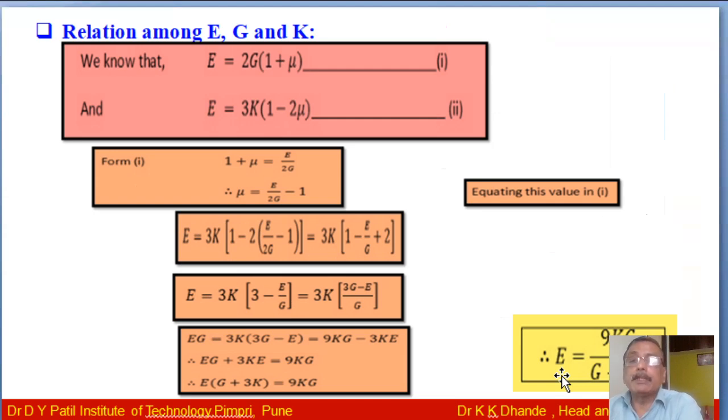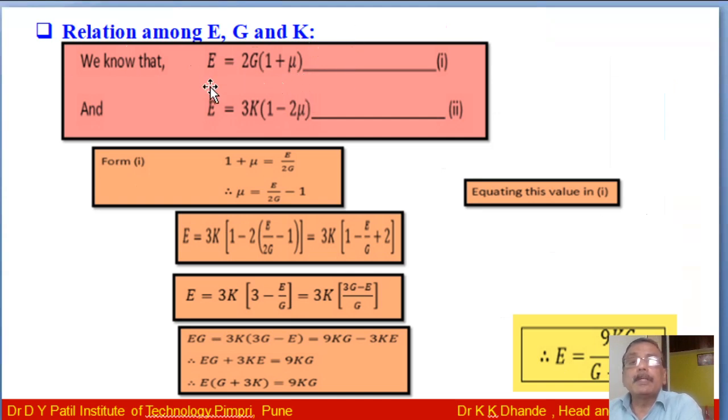We already discussed Poisson's ratio earlier. It is the ratio of lateral strain to linear, or longitudinal, strain. Now we look at the relations between the modulus of elasticity, modulus of rigidity and bulk modulus, and also Poisson's ratio.